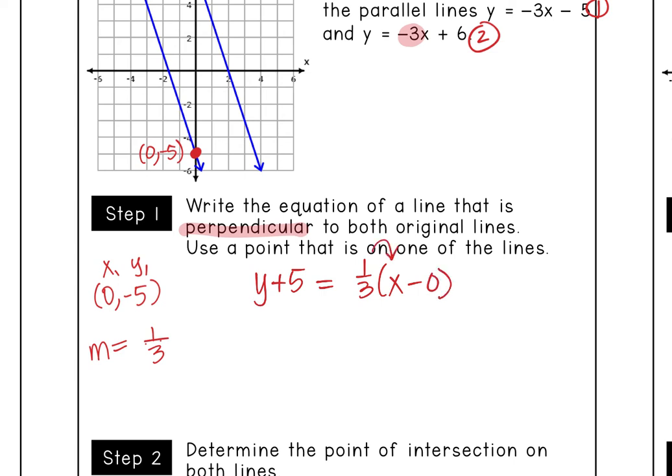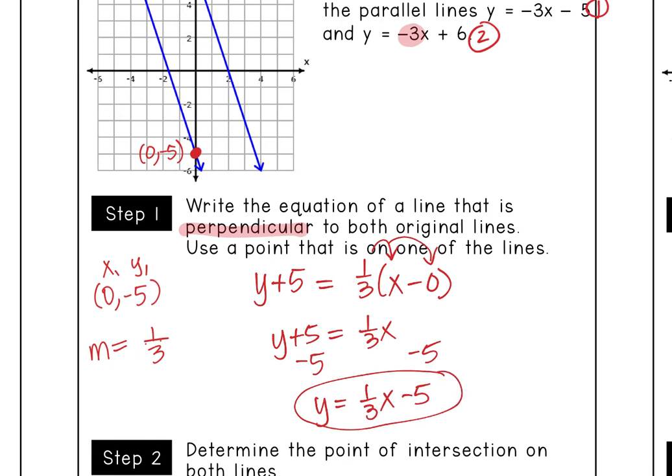Distribute the 1/3. So y plus 5 equals 1/3 x. And then 1/3 times 0 is 0, so we don't need to write it. And then last, we move over the 5 by subtracting. So y is equal to 1/3 x minus 5.